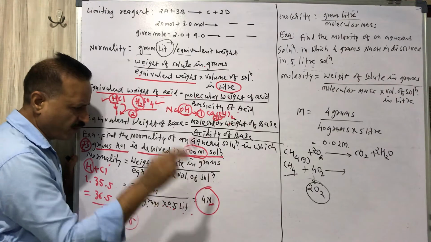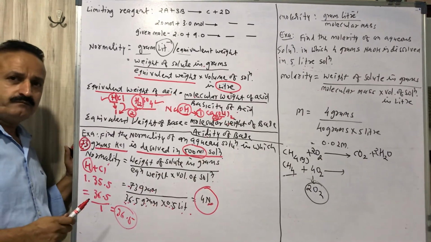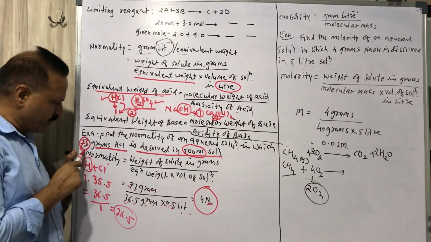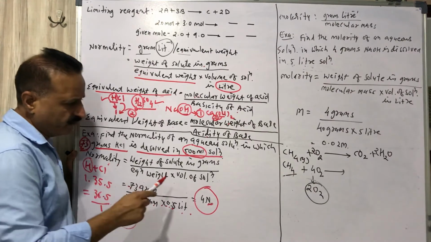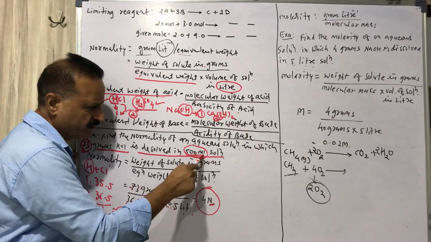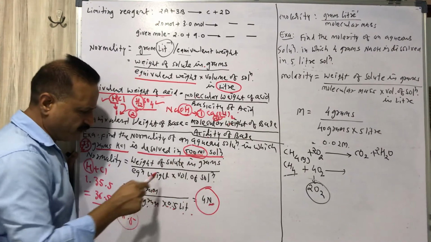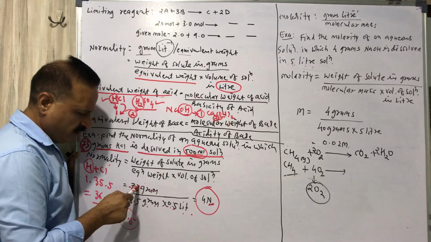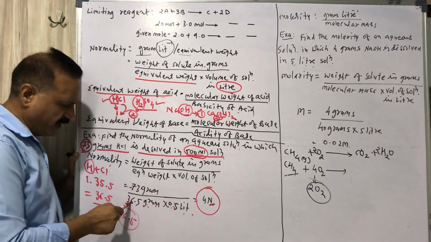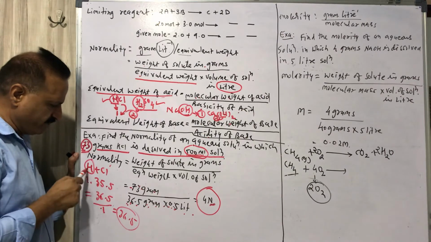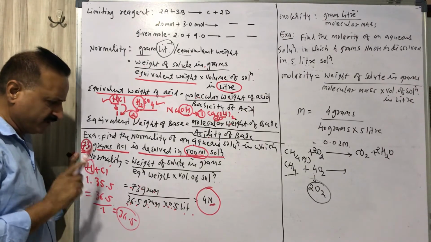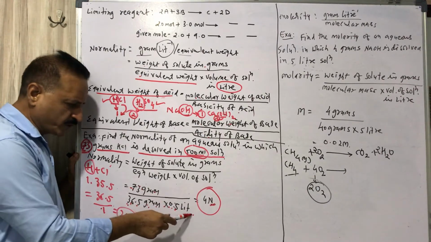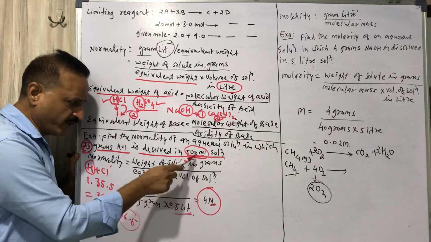N is the symbol of normality. You are given the weight of the substance and the measurement of the solution. Just put the weight of the substance. The equivalent weight is equal to the molecular weight, because dividing by 1 gives the same value. Then the volume of solution is given as 500 ml.